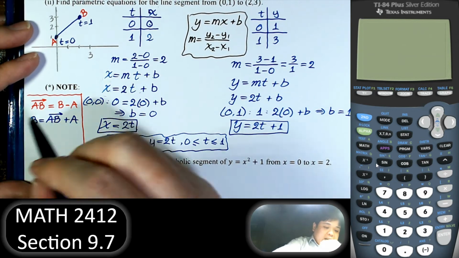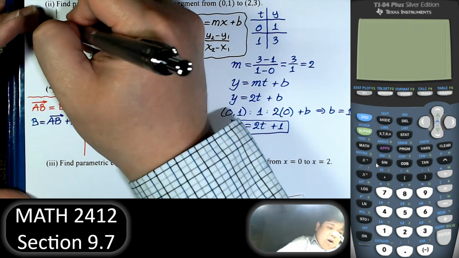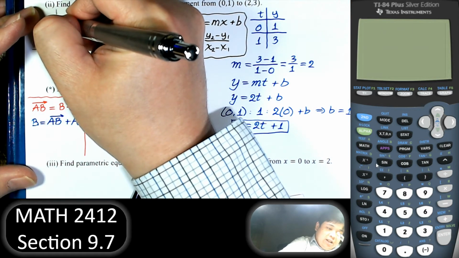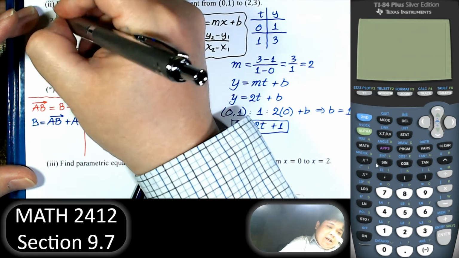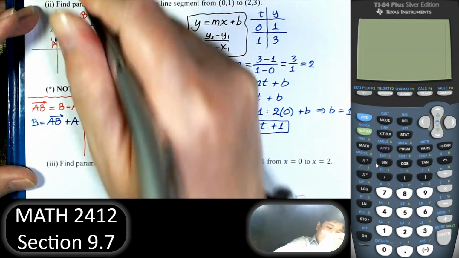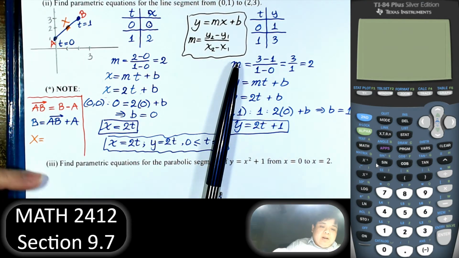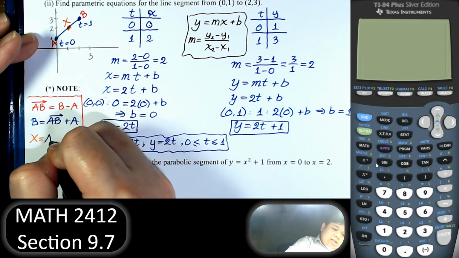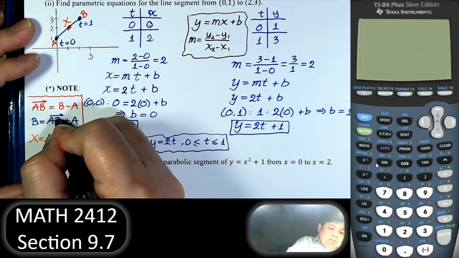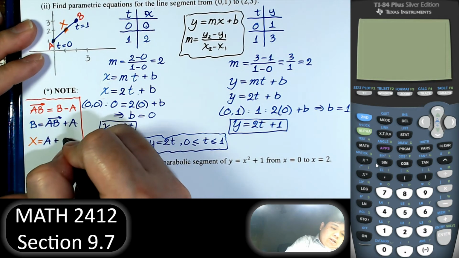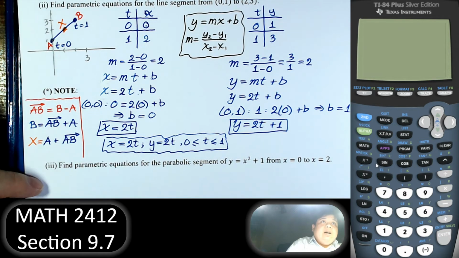Now, say we don't want the point B, we want a point somewhere in here, let's say the point X there. We start from the point A and then add the vector AB times t.